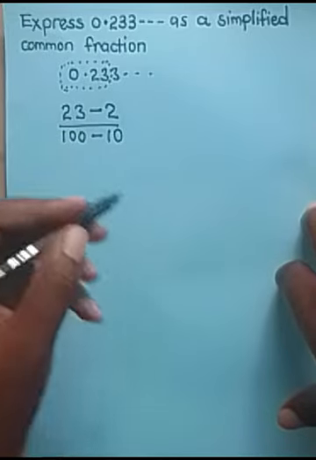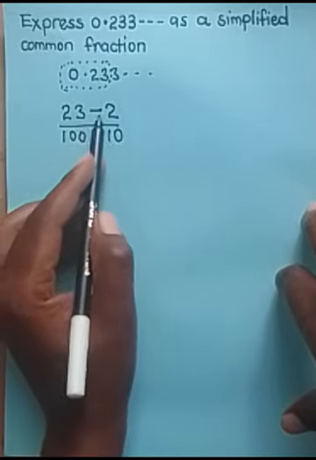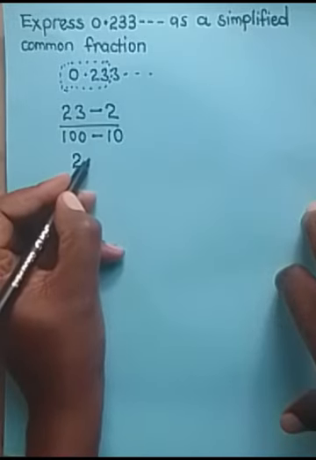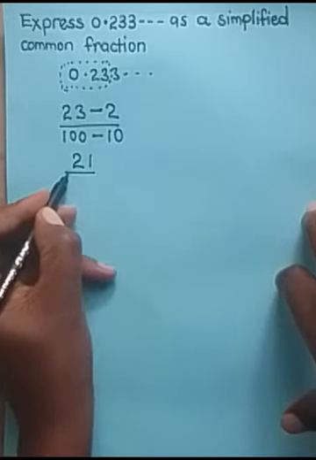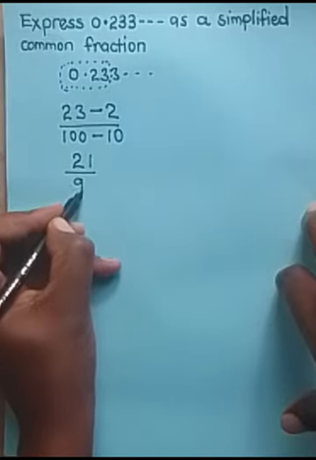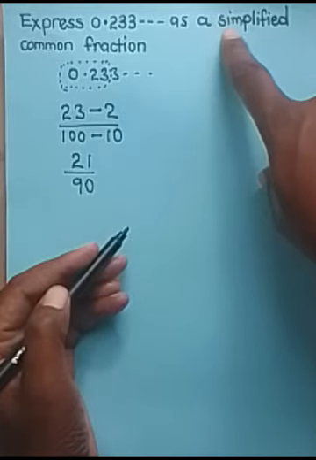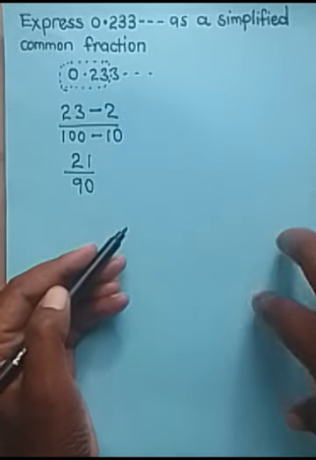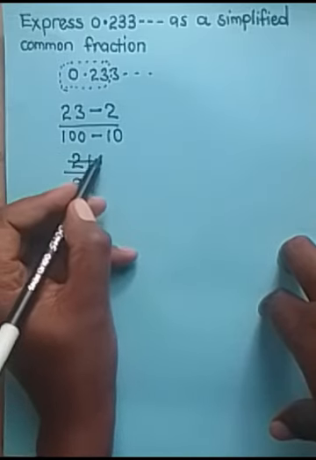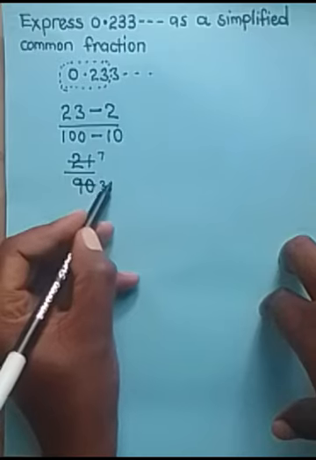Now the next step is to work on this. What is 23 take away 2? We get 21. Out of 100 take away 10 is 90. But they say to simplify, and we still can reduce by 3: 7, by 3, 30.